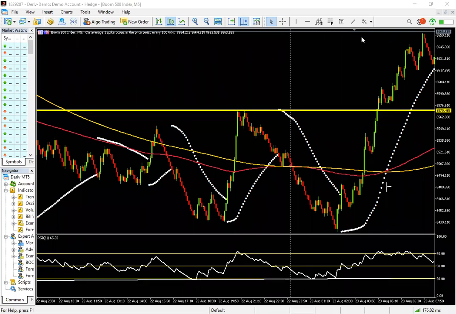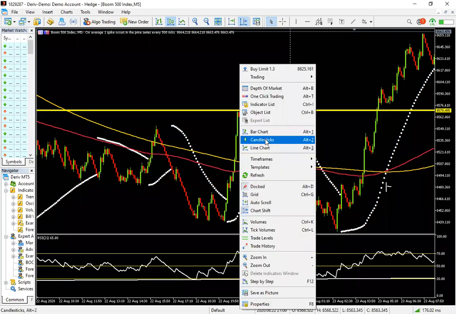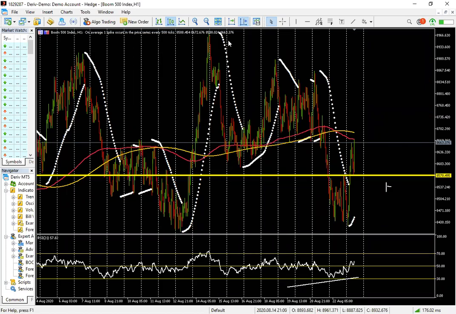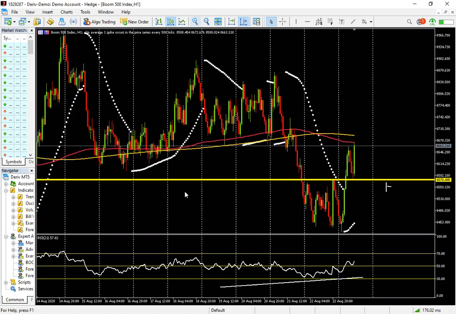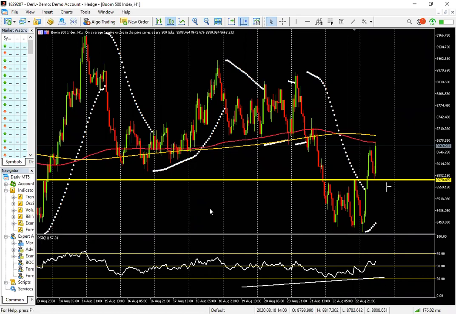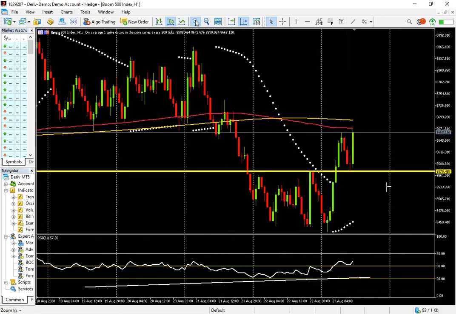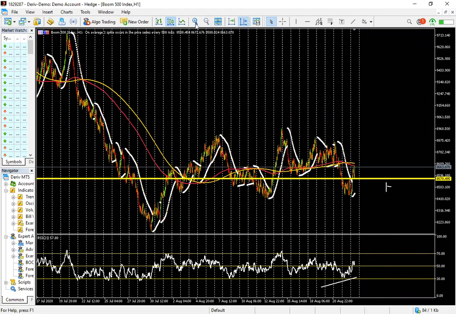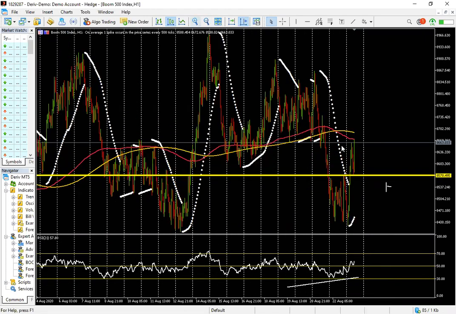Yeah, Fresher, please, can you go back to 1 hour time frame, please? So let me go to the 1 hour time frame. Yeah, so this is my 1 hour time frame. Can you zoom in? Zoom out, zoom in, like this. For example, now, zoom in. Yeah, like this, continue.